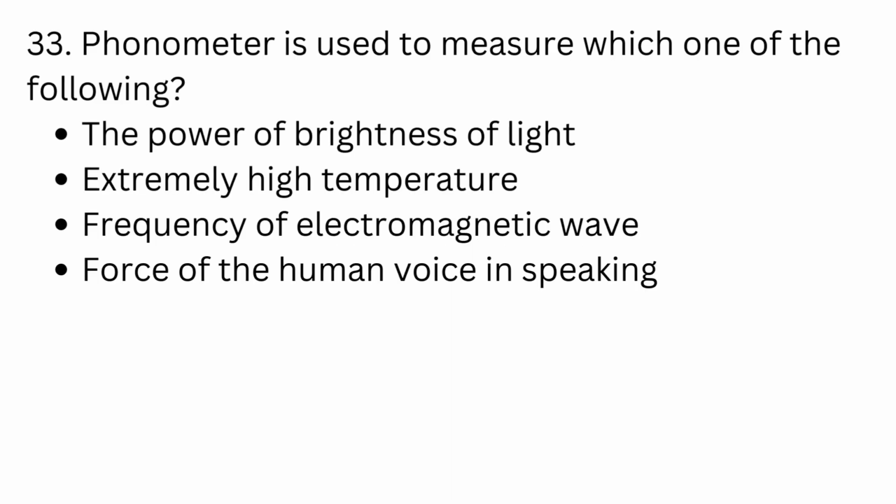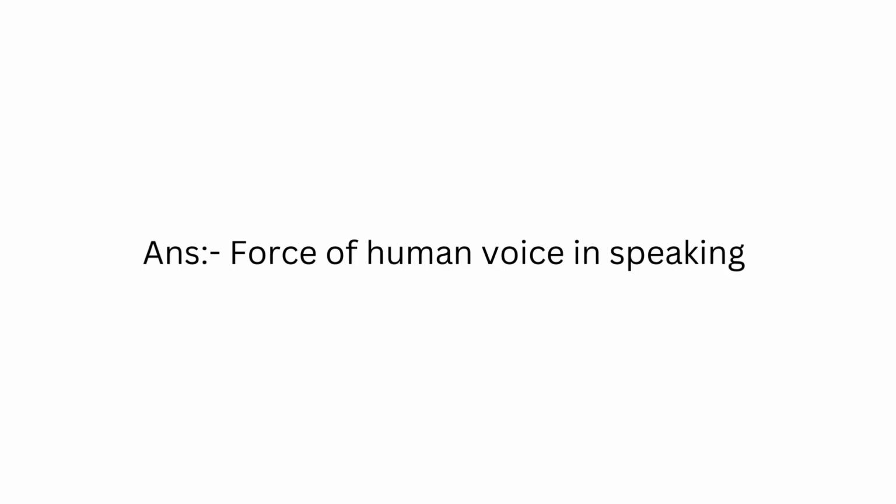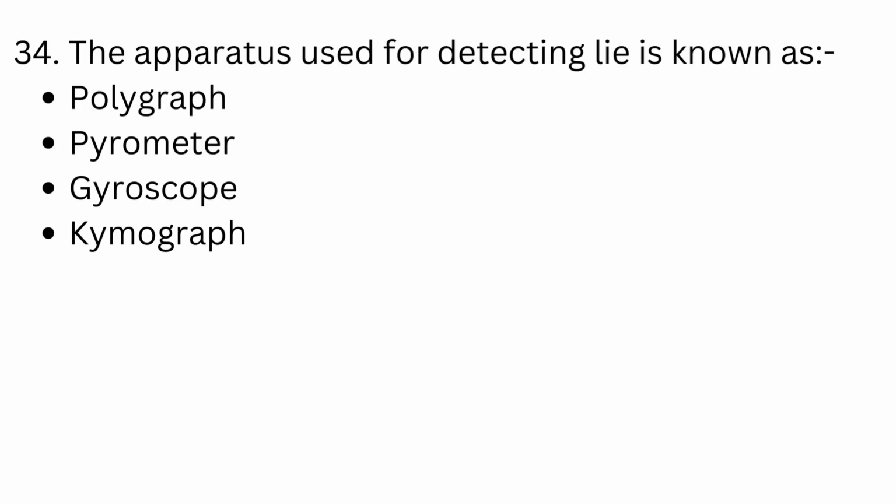Next question is, phonometer is used to measure which one of the following? Options are the power of brightness of light, extremely high temperature, frequency of electromagnetic wave, force of the human voice in speaking. And the right answer is force of human voice in speaking. Next question is, the apparatus used for detecting lie is known as, options are polygraph, pyrometer, gyroscope, chemograph.